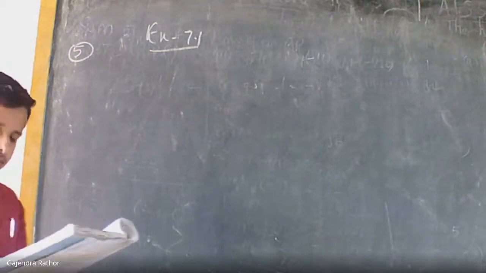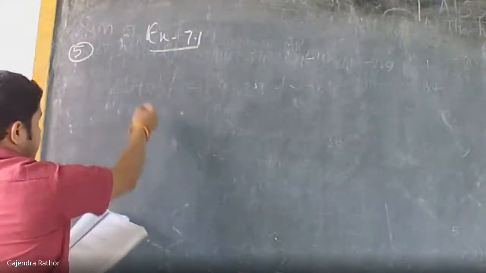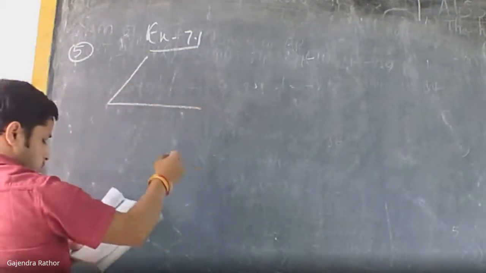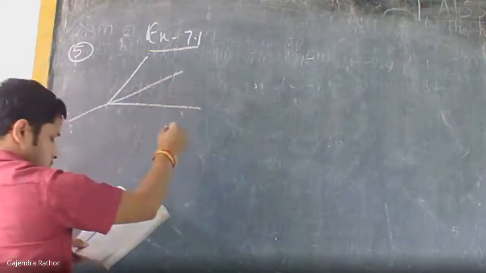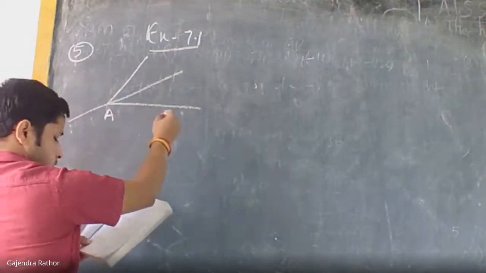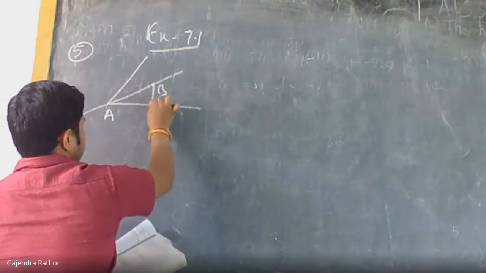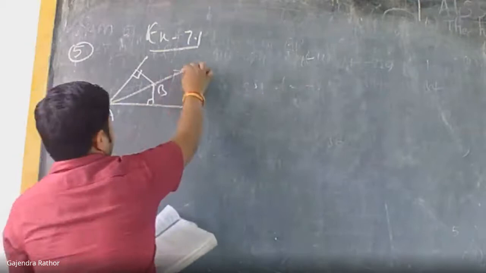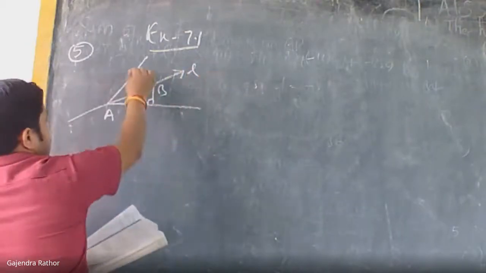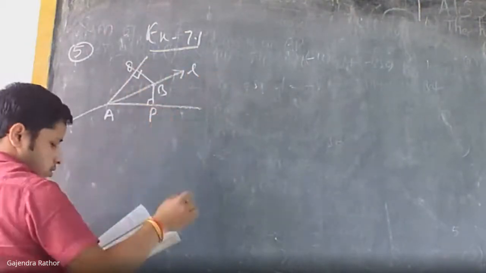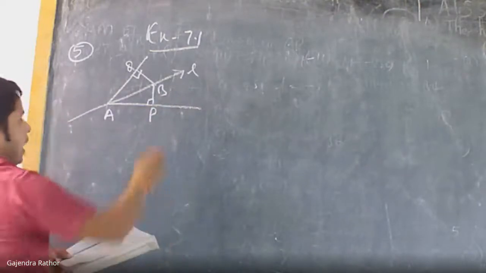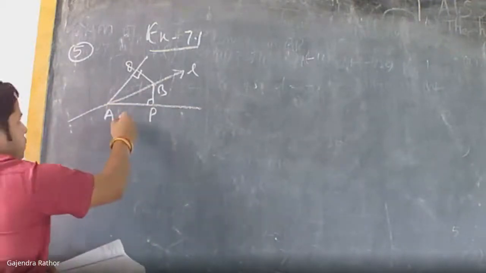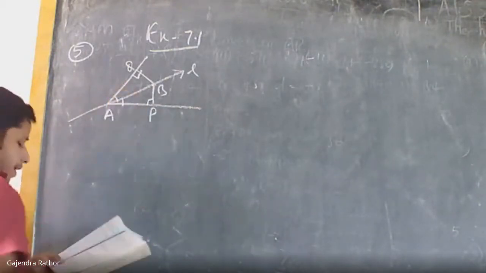One figure is given like this. This is A, this is B, this is a line L, this is point Q, this is P. Line L is the bisector of an angle A. So these parts are equal.